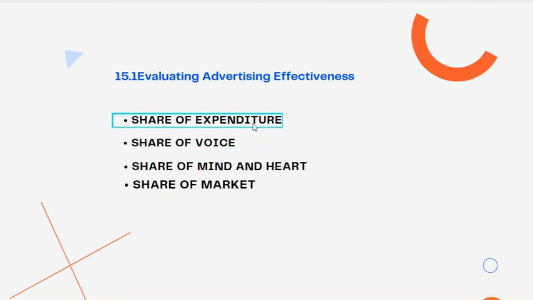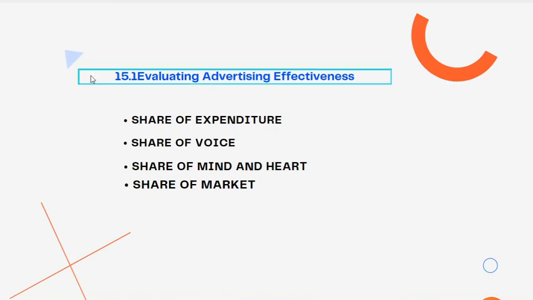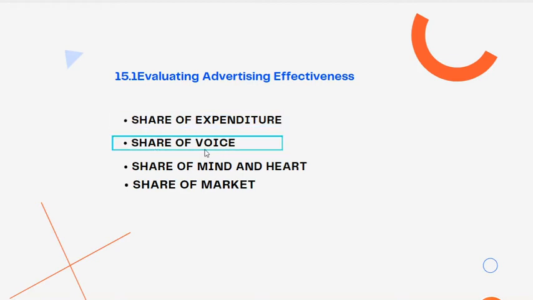There are share of expenditure, share of voice, share of mind and heart, and share of market.